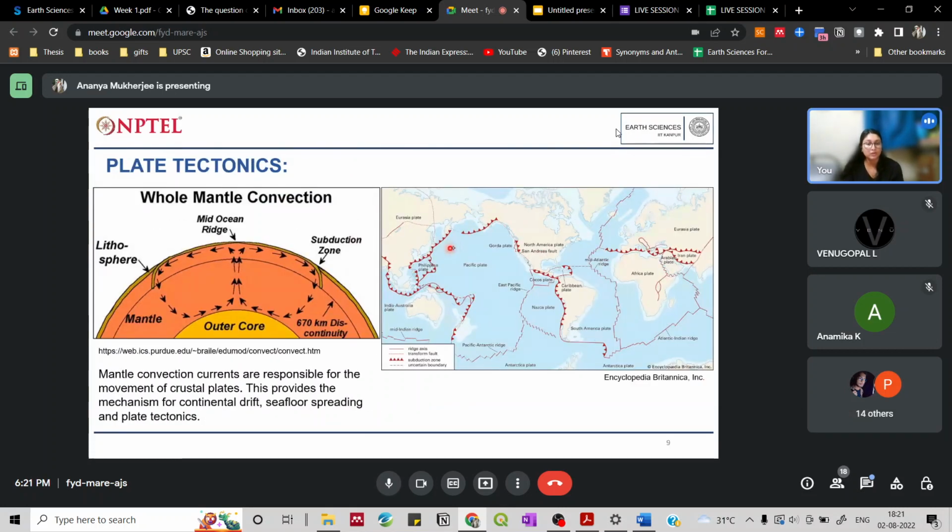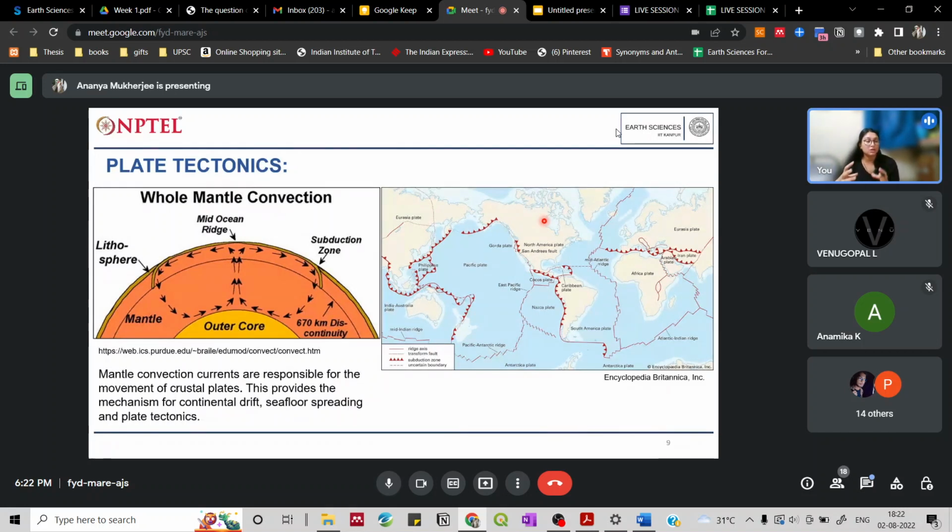So we know that the earth is made up of different continents, and we have heard before that these continents were actually situated all together at one point in earth's history. It was called Pangea, and the larger water body present was called Panthalassa.